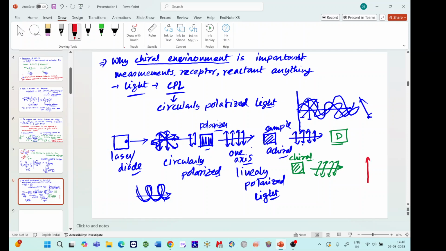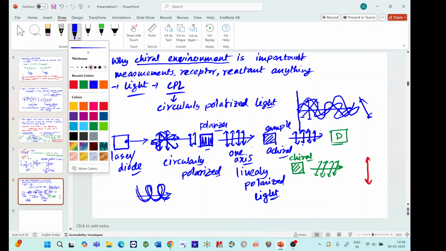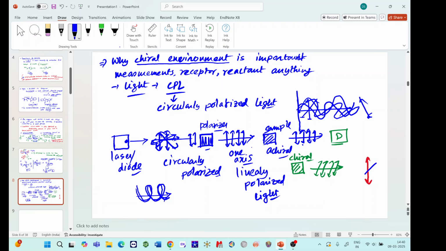Suppose this is your original plane of polarization, and the light you are getting after transmitting from your sample is like this. You have an angle between them. This is called the observed rotation from the sample.